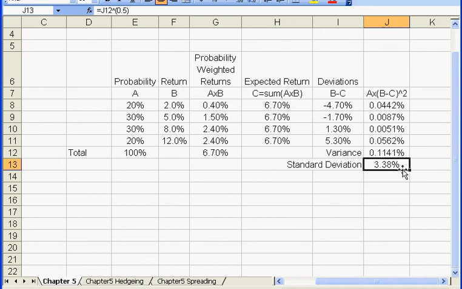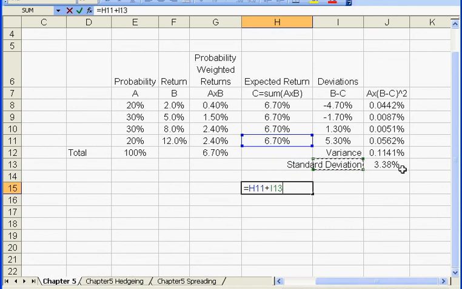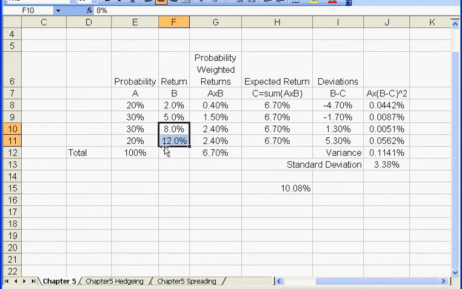Now the standard deviation, on the other hand, is in the same unit as this expected outcome or the random outcomes, so I can actually know, let's say, if I use the expected return 6.7, and let's use it plus 1 standard deviation, it's about 10%. Now it's really between 8% and 12%, right? It tells me where things are.